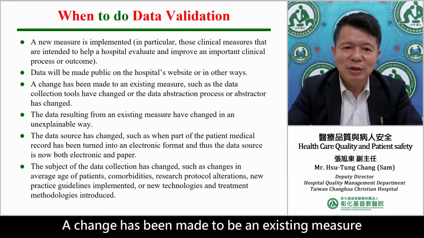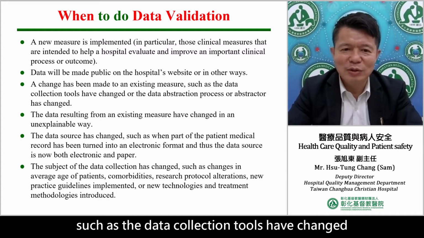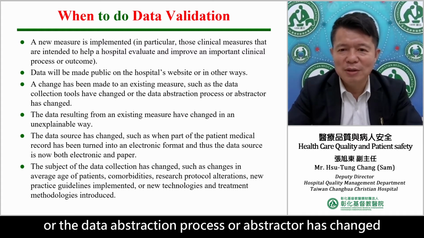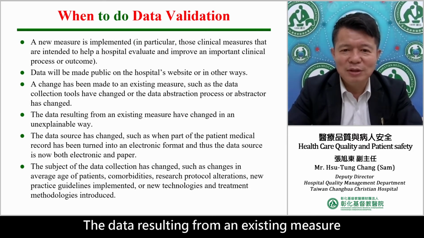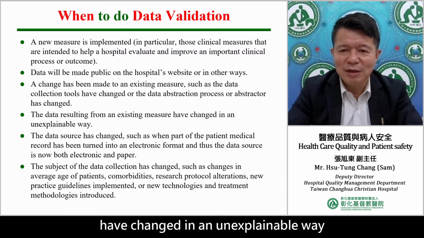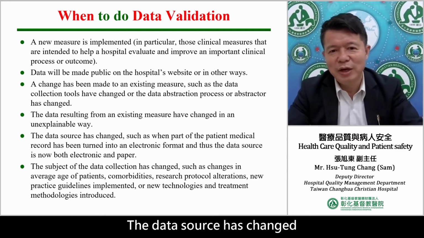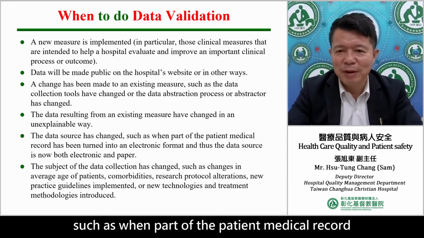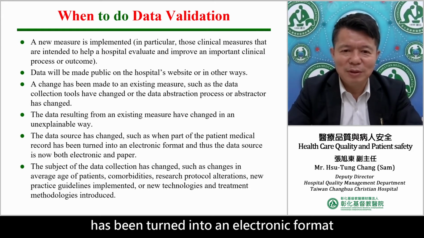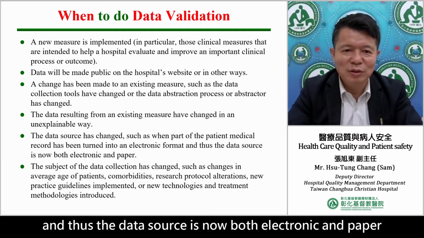A change has been made to the existing measure, such as the data collection tools have changed, or the data abstraction process or abstractor has changed. The data resulting from an existing measure have changed in an unexplainable way. The data source has changed, such as when part of the patient medical record has been turned into electronic format, and thus the data source is now both electronic and paper.